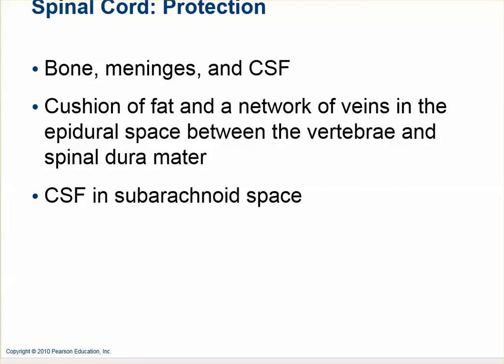There is a layer of fat and blood vessels between the bone and the dura mater. It's called the epidural space. This is where you've heard of epidurals. This is where that takes place.